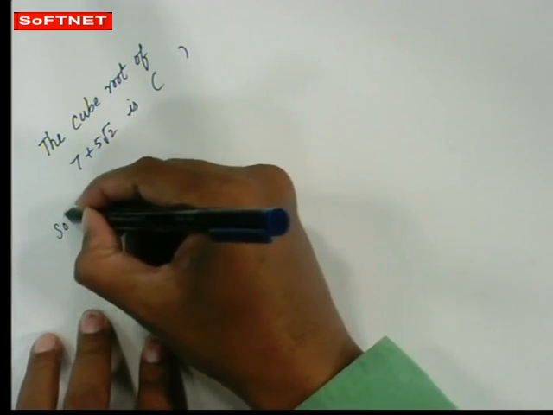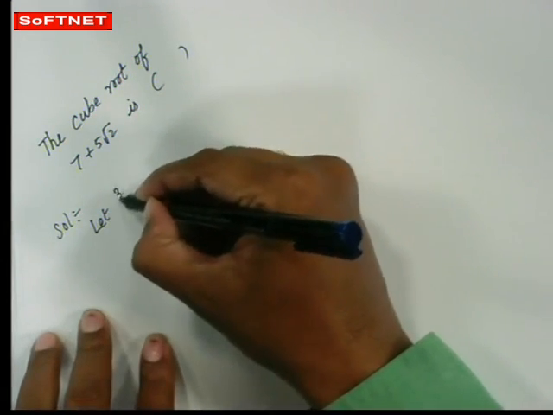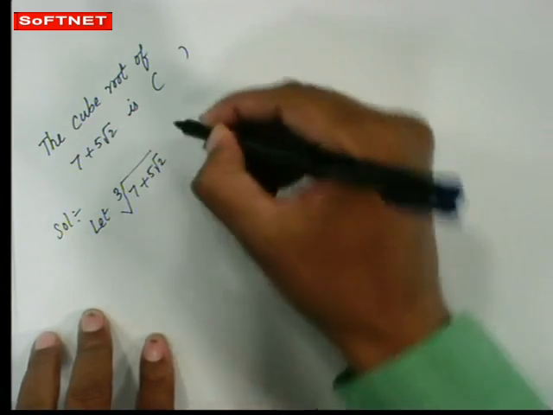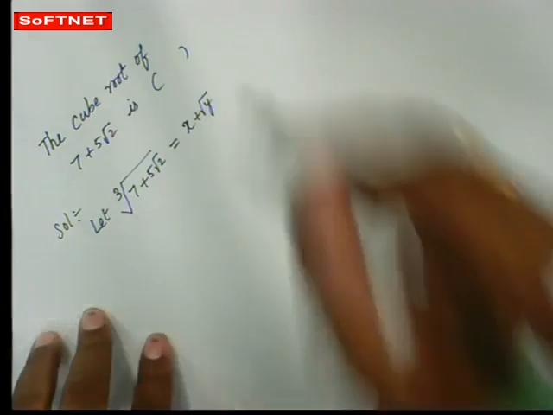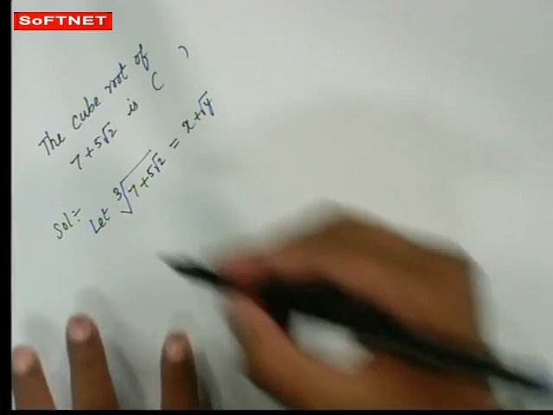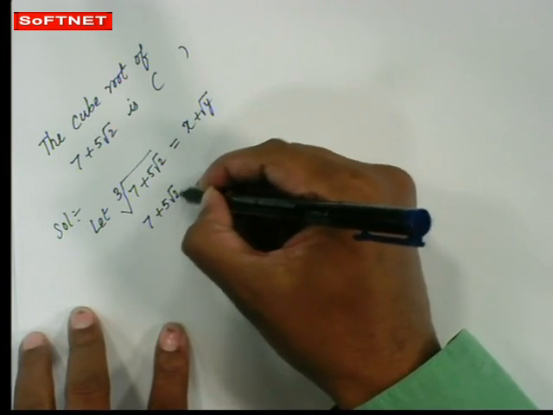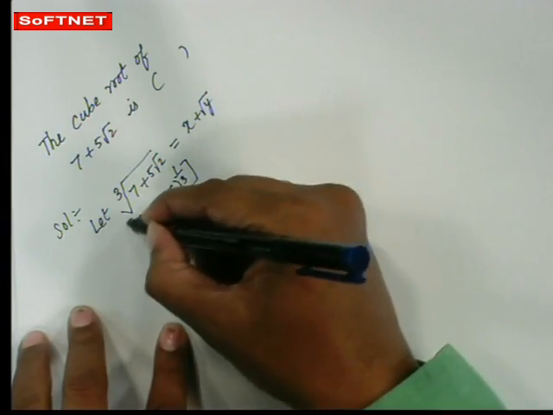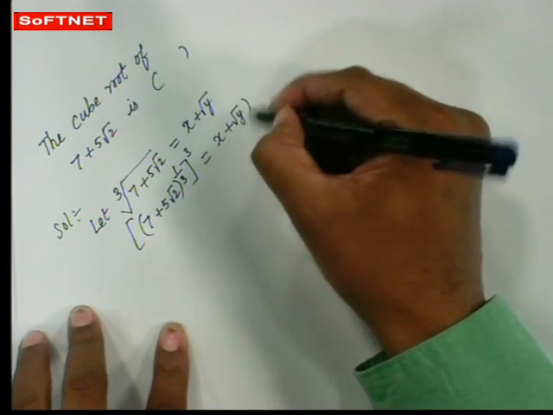First, let us say the cube root of 7 plus 5 root 2 is equal to x plus root y. Now cubing on both sides, we get 7 plus 5 root 2, whole to the power of 1 by 3, whole cube, equals x plus root y whole cube.